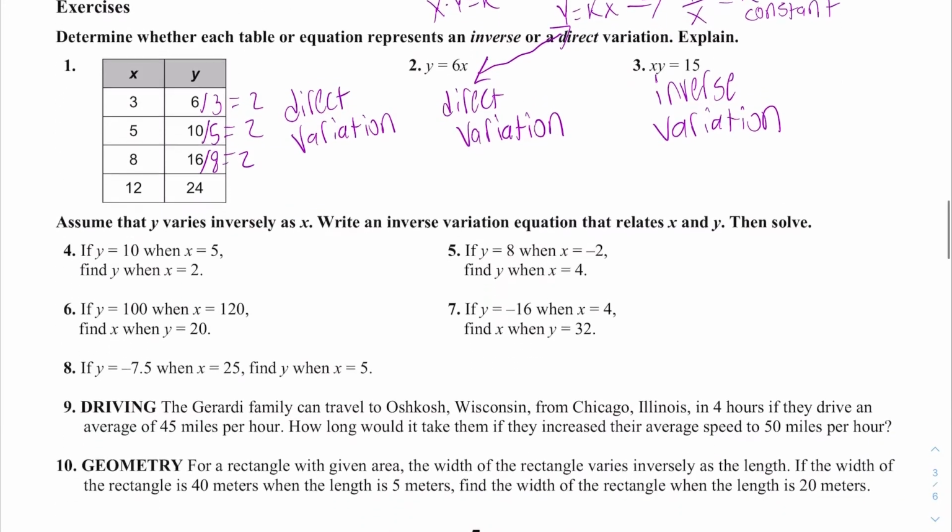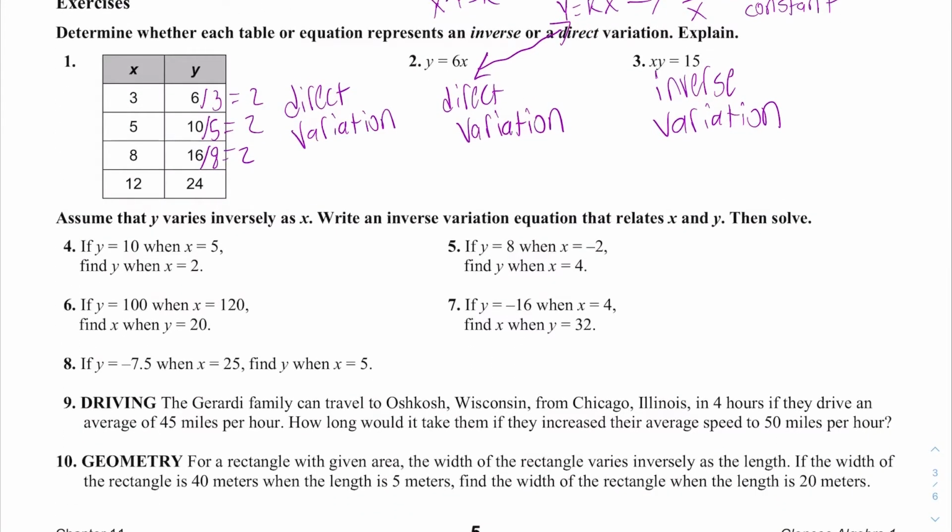This next section says, assume that it's inverse variation, write the equation for it, and then plug in the number and solve. Okay, so if this is inverse variation, then we have two equations that are true. x times y equals a constant, and the other equation that we could use would be y equals k over x.